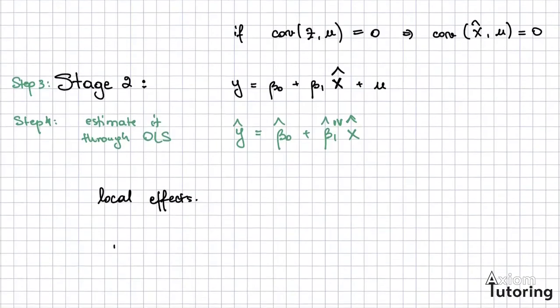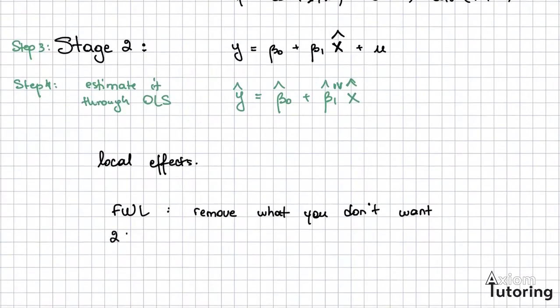So if we were to make a comparison with the Frisch-Waugh-Lovell, the Frisch-Waugh-Lovell removes what you don't want, while the 2SLS procedure keeps only what you trust.